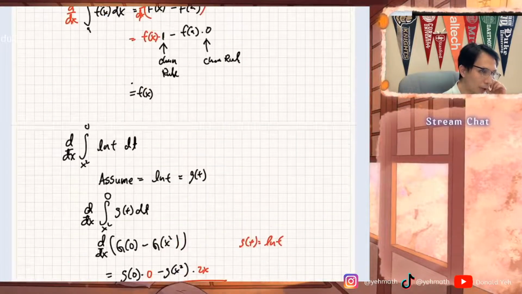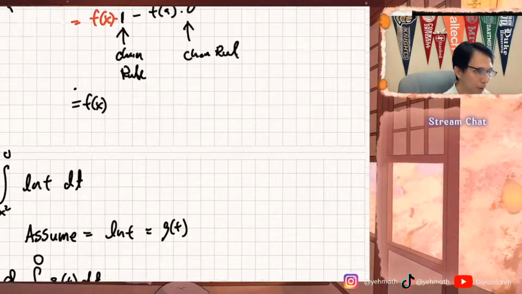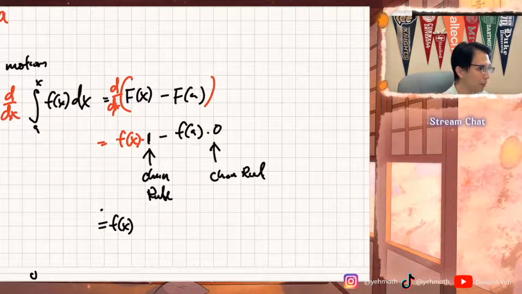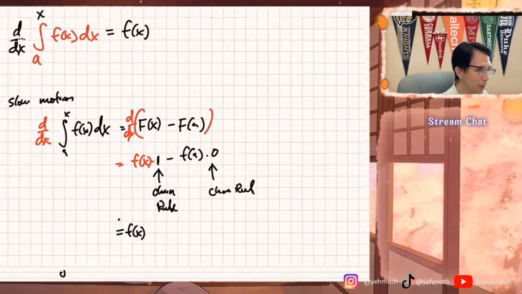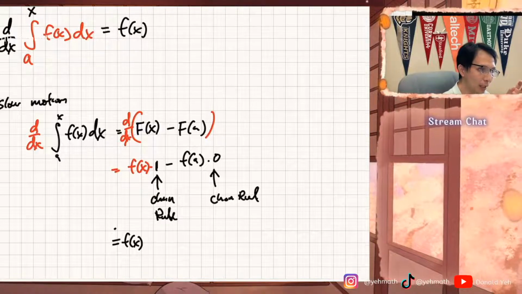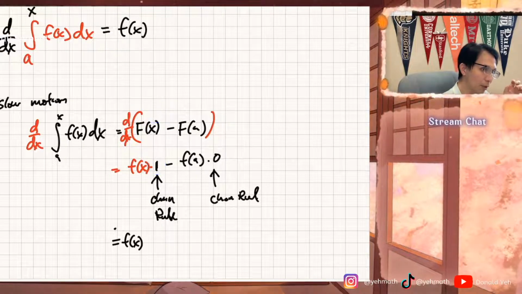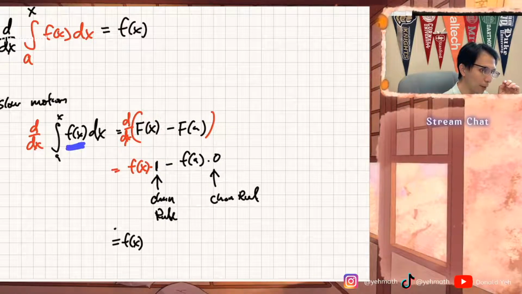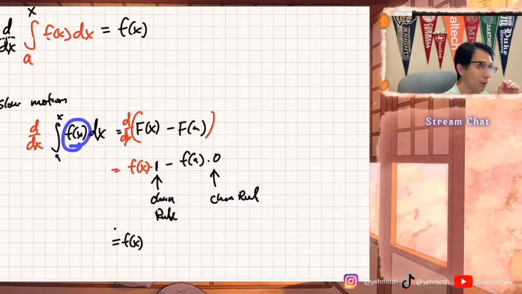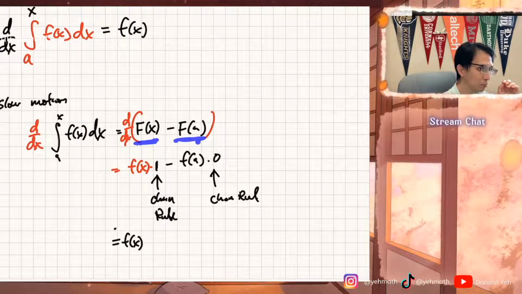Okay, so the idea is this part. We talked about this part before, which is the fundamental theorem of calculus. If that's a function, then you have to take a derivative of that, and there's chain rule involved. You integrate small f of x, which gives big F of x minus big F of a.